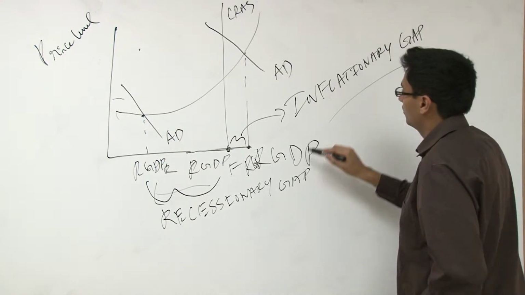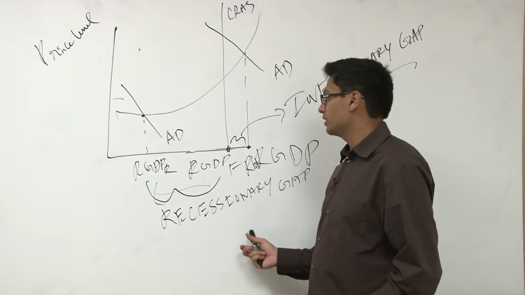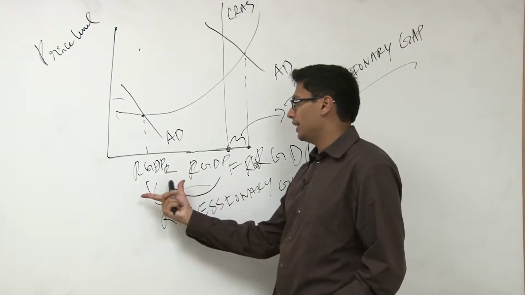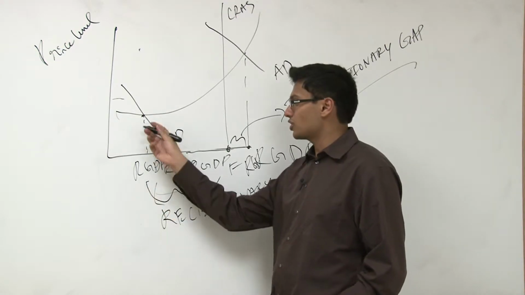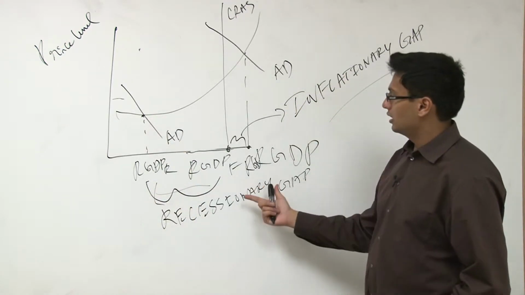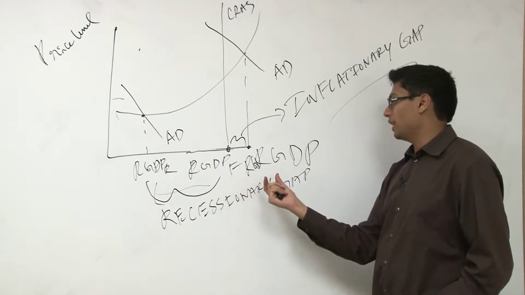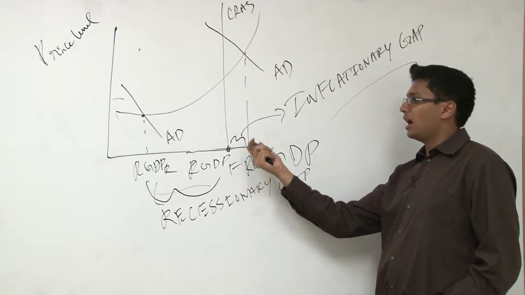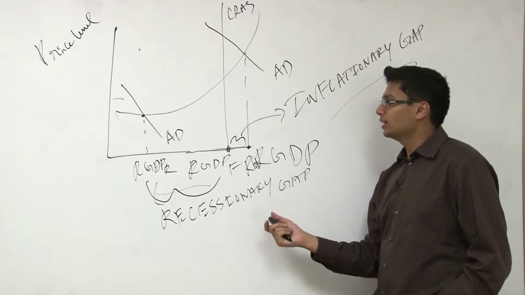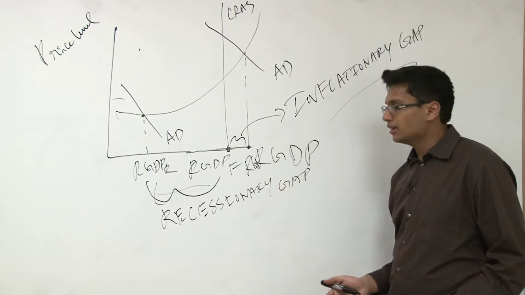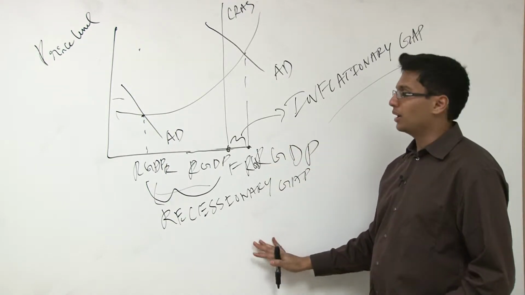Understand the difference between full employment and RGDP-R, where there's a recession: that's the recessionary gap. The difference between RGDP-F and the RGDP at the inflationary point is the inflationary gap. So one is operating below full employment, and one is operating above full employment.